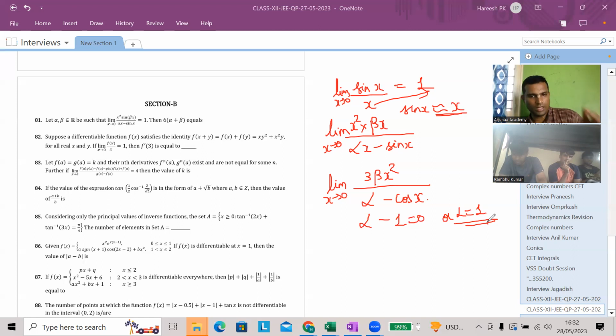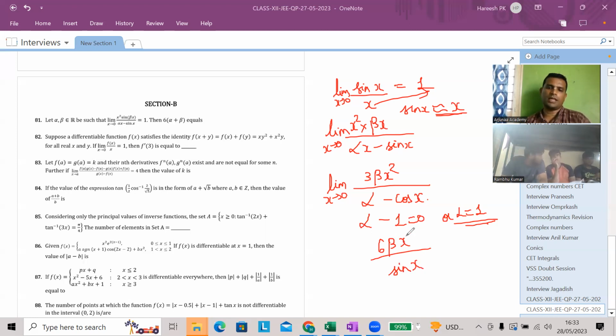Yes. Now again you differentiate. What will you get here? 6 beta x by sin x. And sin x by x is how much? 1. So 6 beta is the final limit, and the final limit they have given is how much? 1.